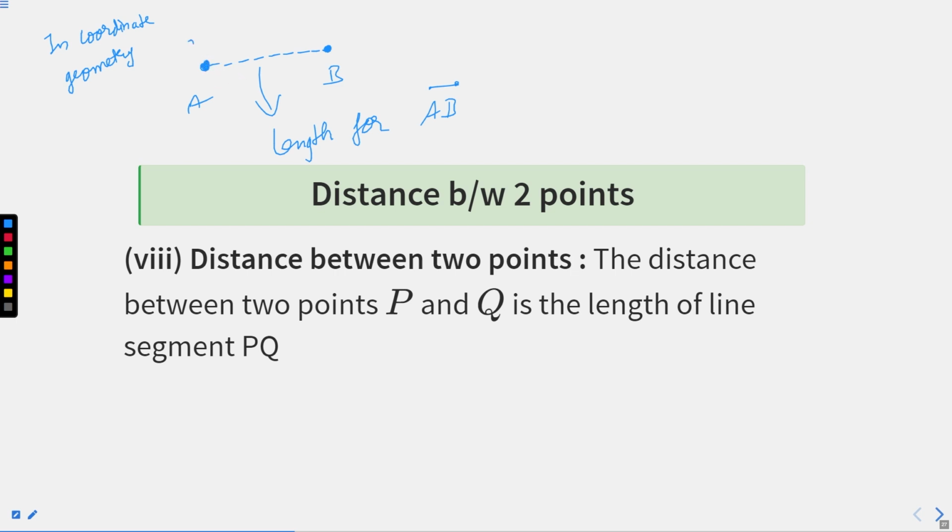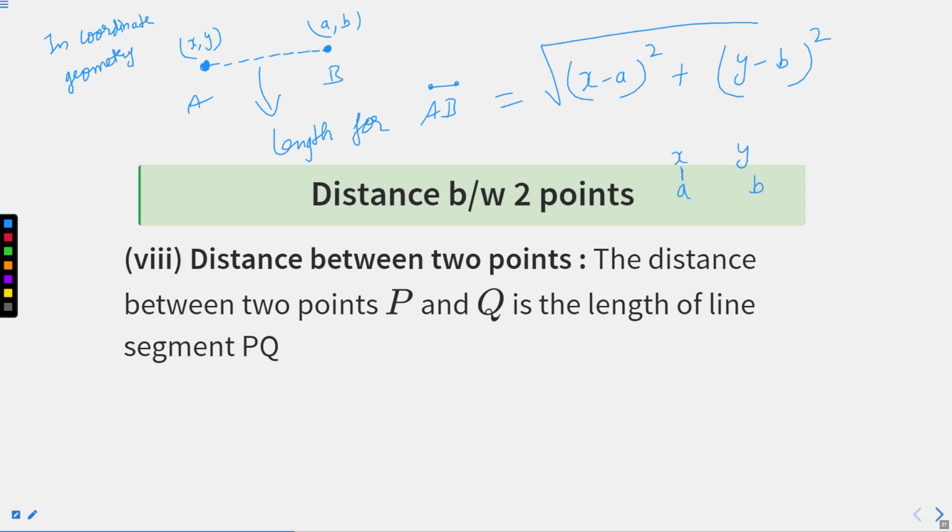So if one point is (x, y) and the other is (a, b), then the length of AB equals the square root of (x minus a) whole squared plus (y minus b) whole squared. If you want to memorize it easily, just write it like this: put the minus sign, square it, then plus, then take the root.